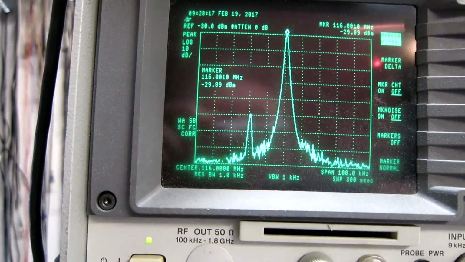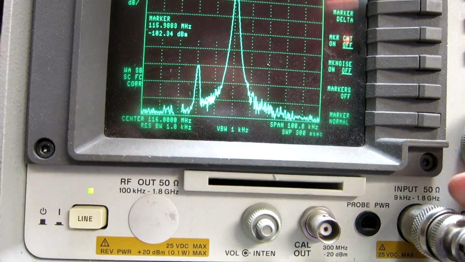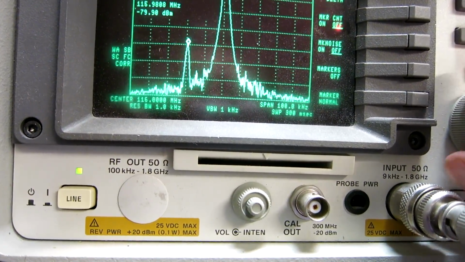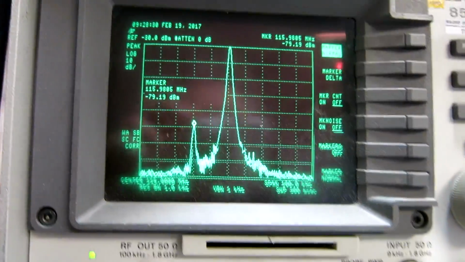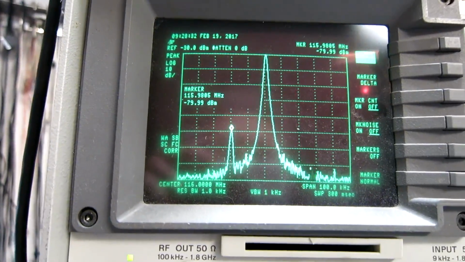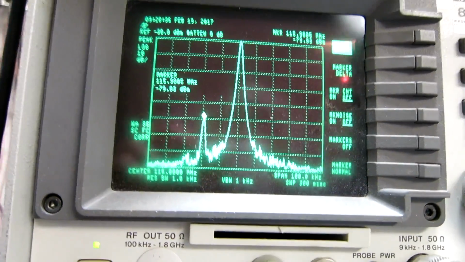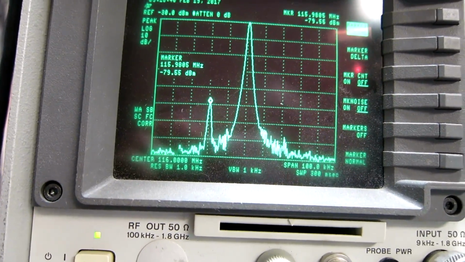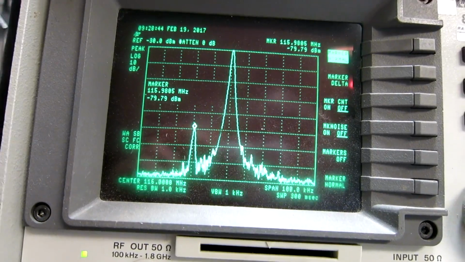You see, minus 30, and I move the marker and read minus 80 here. So I know this calibration signal is 50 decibels below the signal I'm going to investigate.